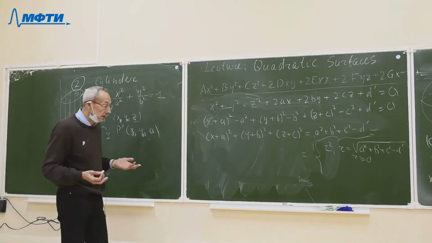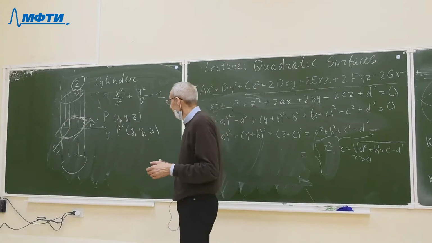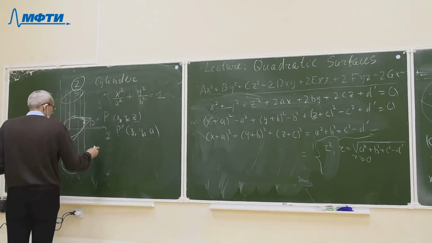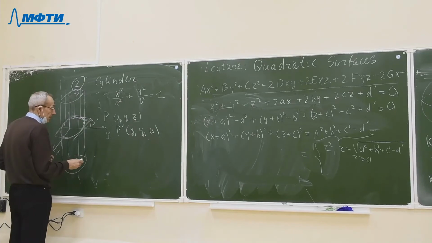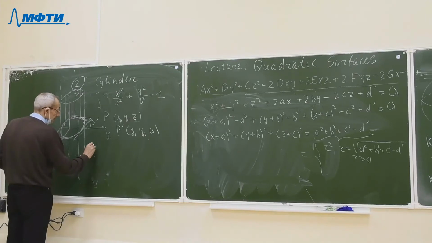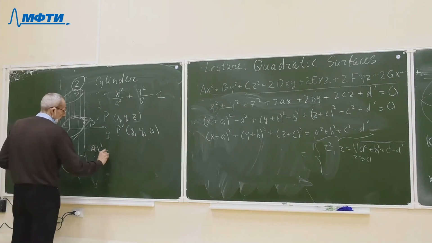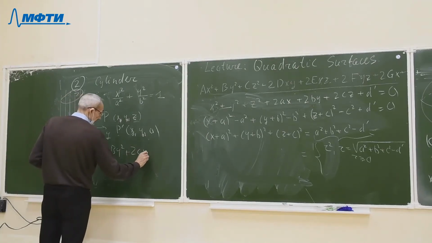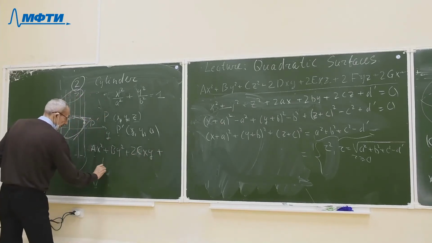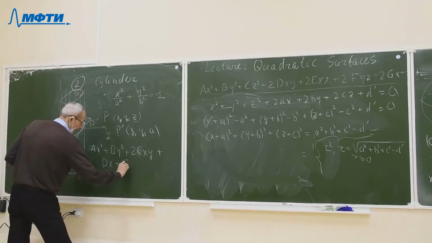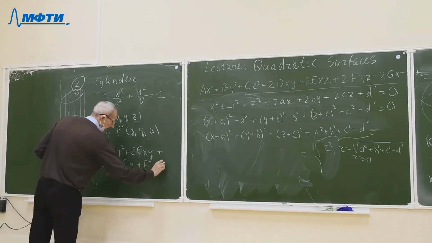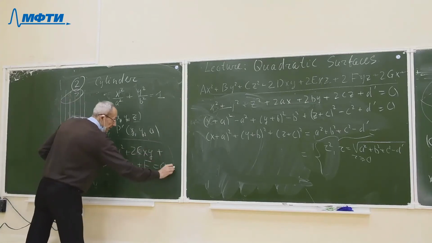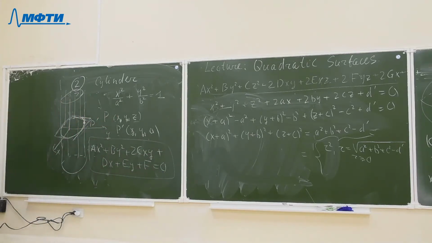And in other cases, if we have an arbitrary equation of a second order curve, a x squared plus b y squared plus 2cxy plus dx plus ey plus f is equal to 0, in all cases we obtain the cylinder.